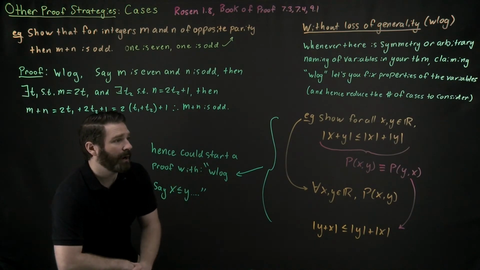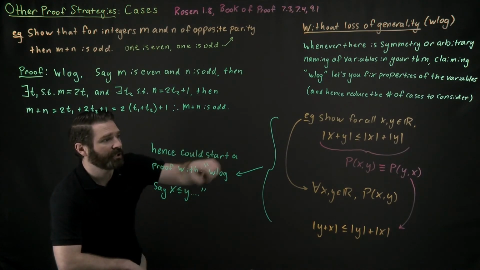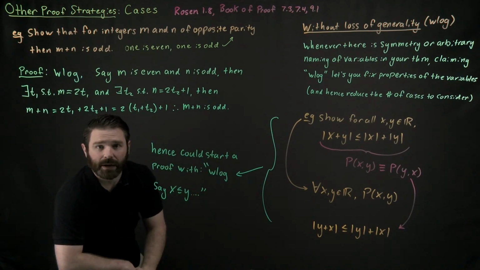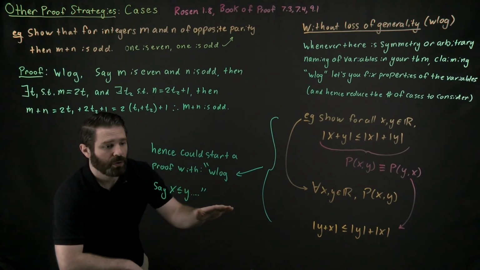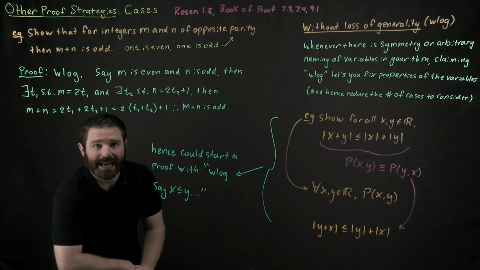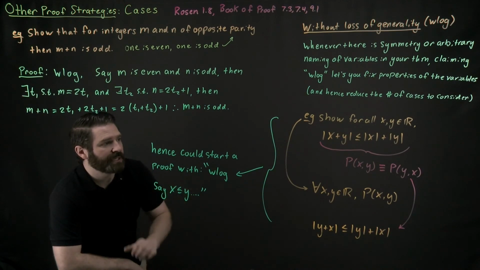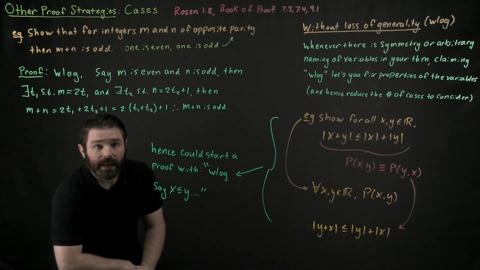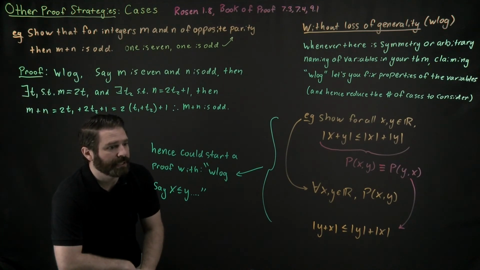Because x and y are real numbers right here, and since we have this symmetry and the propositional function that we're trying to prove doesn't care about the order of x and y, we can go ahead and fix the order of x and y and say that x is less than or equal to y. And that may reduce the number of cases that we would have to consider if we were trying to prove this triangle inequality right here using a proof by cases.